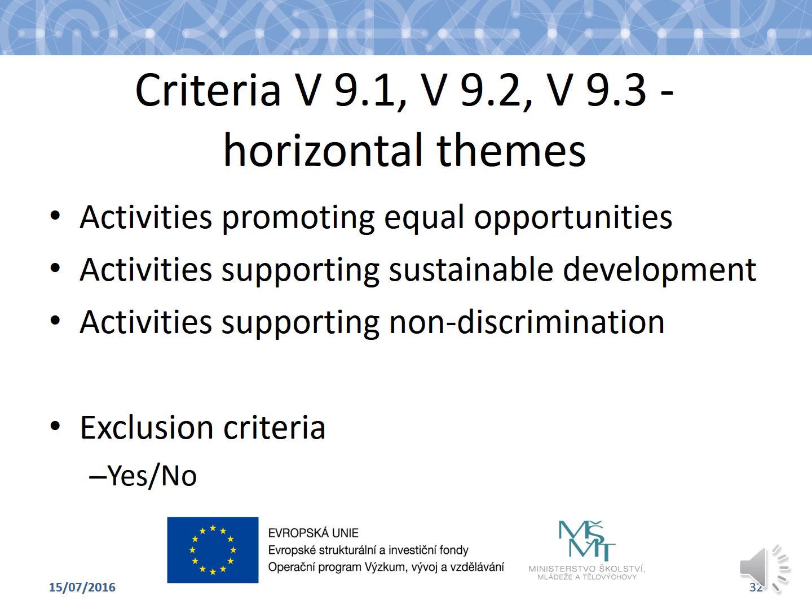If negative effects have been identified, the exclusion criterion applies and the application is excluded from the further evaluation process. Criteria V 9.1, V 9.2, and V 9.3 are exclusion criteria, so the evaluation is only yes or no.